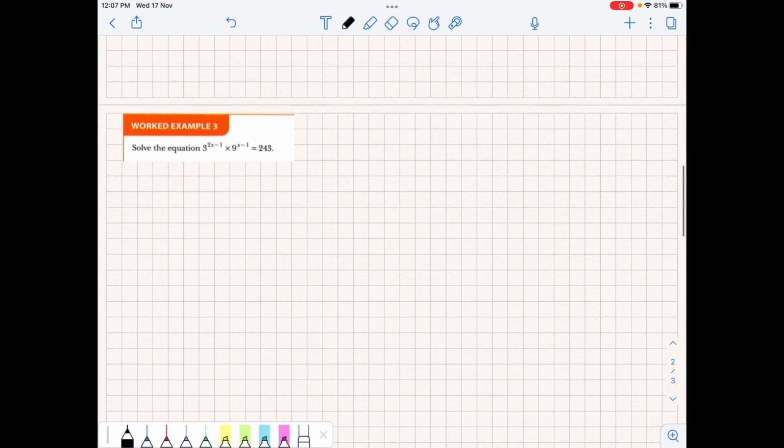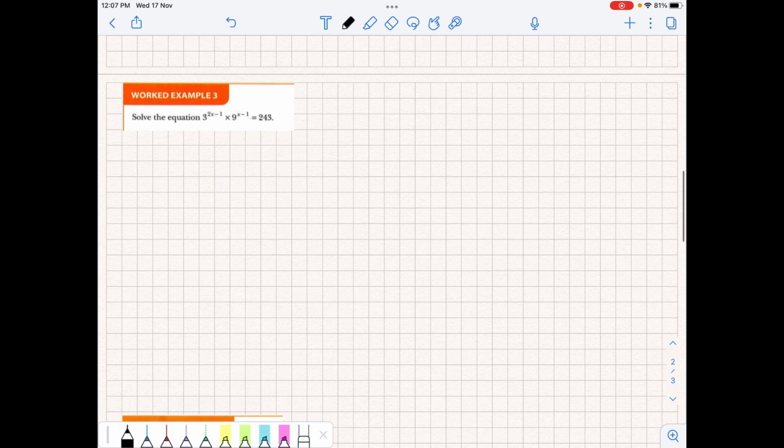Let's take a look at another example. Here again, we have to solve the following equation, and once again we notice that the bases are not the same, and not only that, we have this multiplied term in between. What we want to do first is simplify that into one base on one side, equal to something with the same base on the other side.